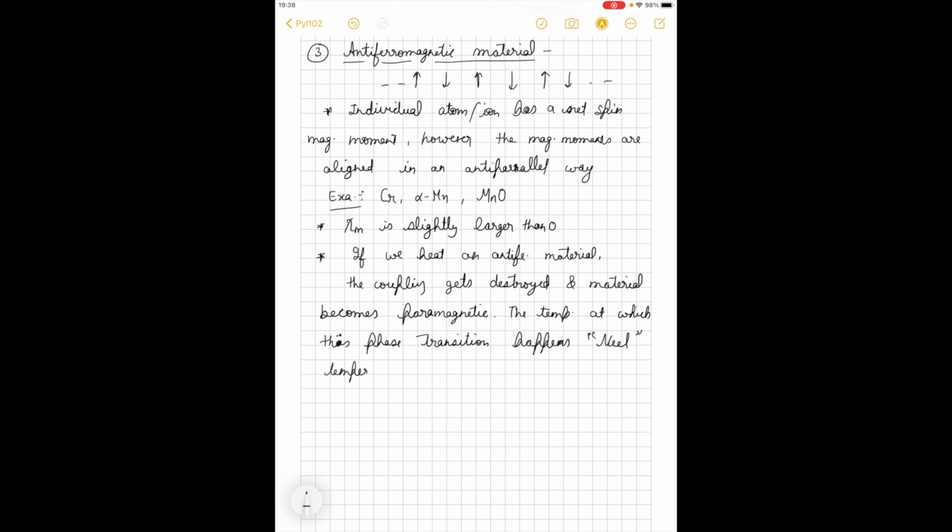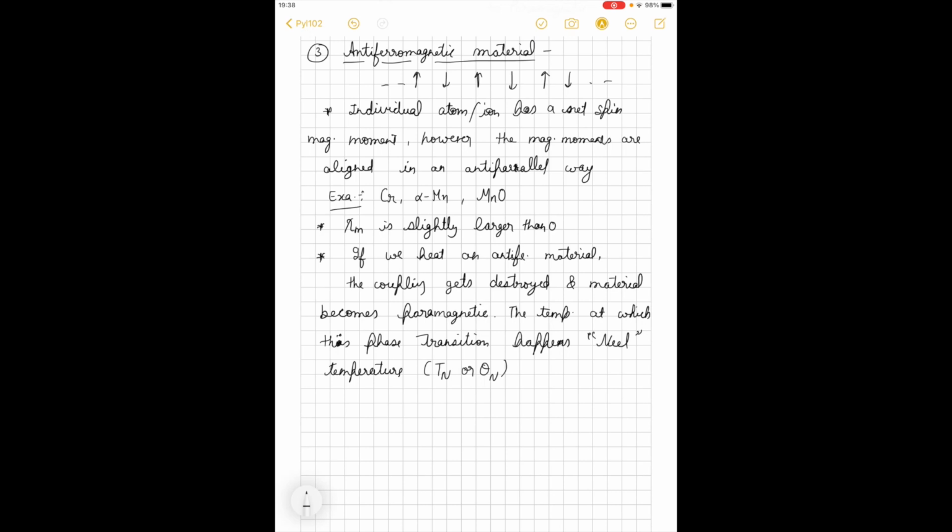It's similar to the Curie temperature, which is for the transition between paramagnetic and ferromagnetic. The Néel temperature is denoted as Tn, or sometimes people also denote it using theta n. All right, so above the Néel temperature, we have a paramagnetic phase in the system, and below Néel we have an antiferromagnetic system.